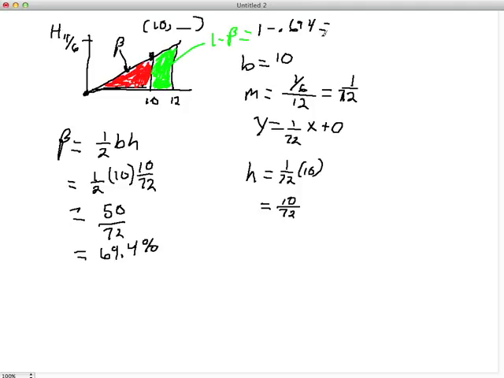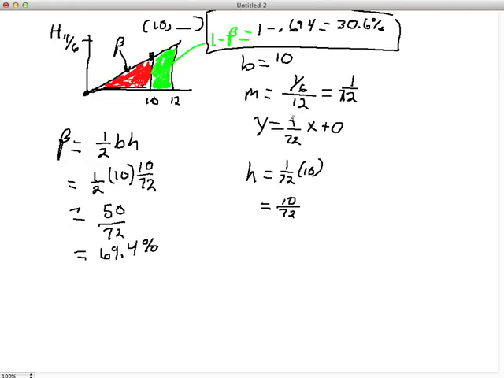Which is going to be equal to what? Roughly 0.306 or 30.6%. So that's about 30.6% if you do the arithmetic. Okay, so that would be equal to the beta calculation right there. Okay, cool. All right, what's the next thing it wants out of us here?